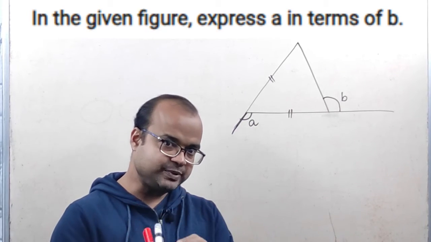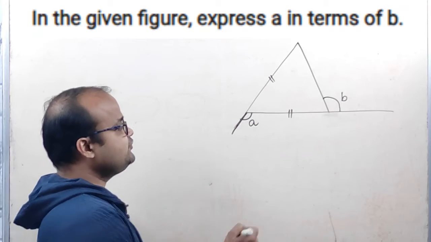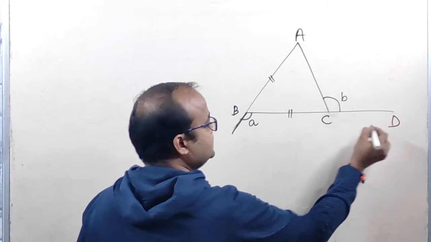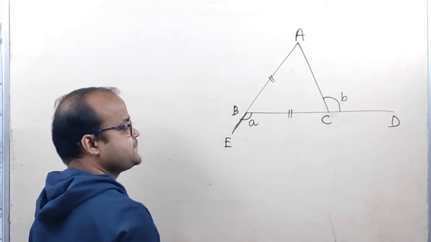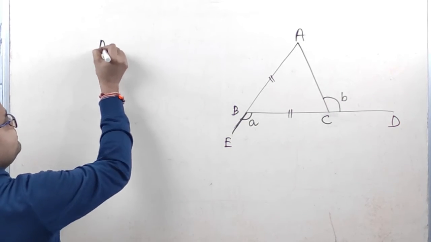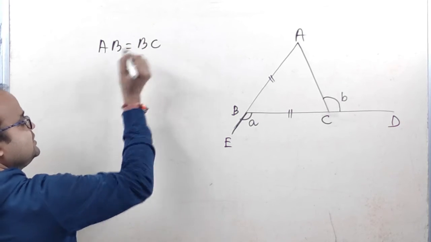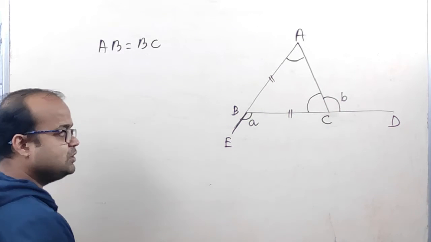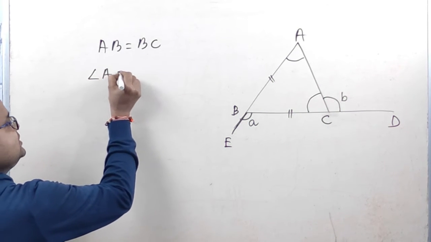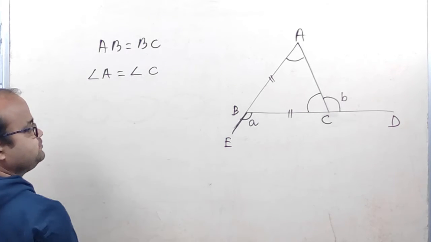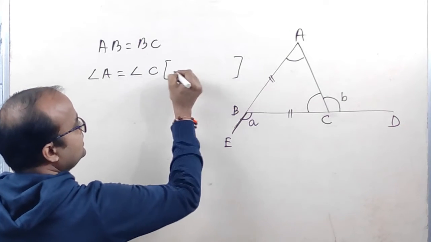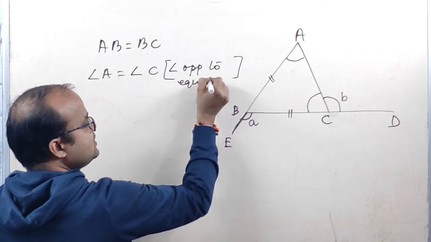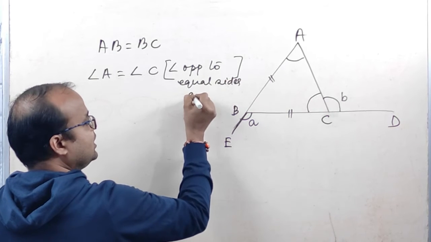That means express A in terms of B. So first we name the vertices as A, B, C, D and E. Now if AB equals BC, that means these two angles are going to be equal. So angle A equals angle C. The reason is angle opposite to equal sides are equal.